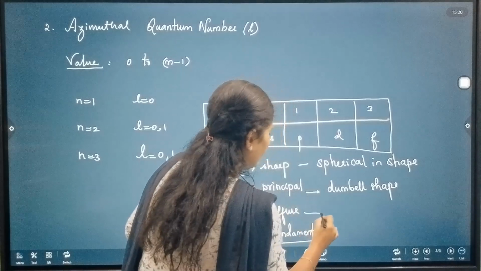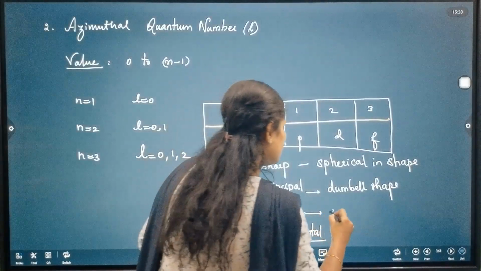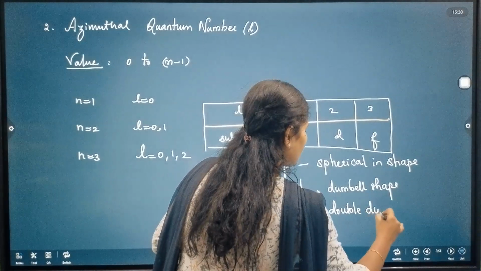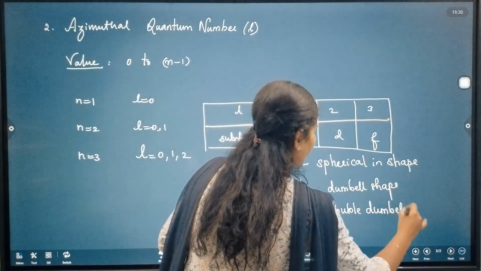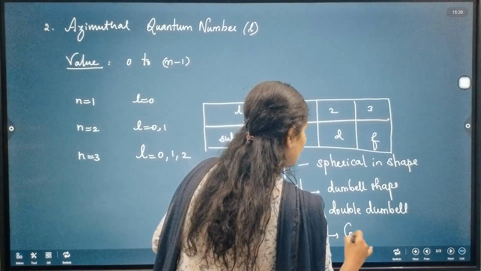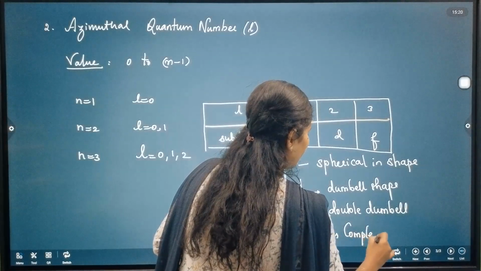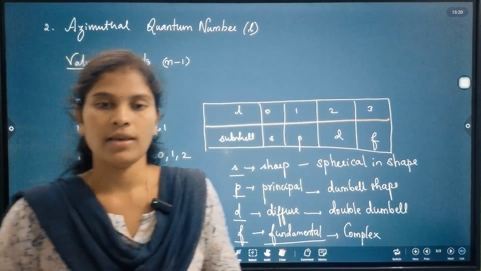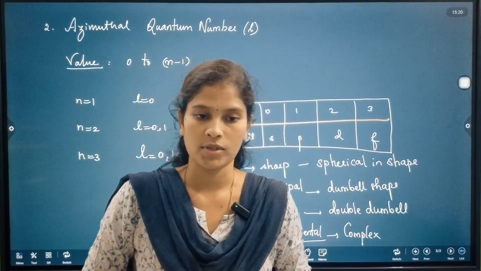And d is double dumbbell. Here, f is a complex structure. So once I know the L value, I can say the shape of the subshell.